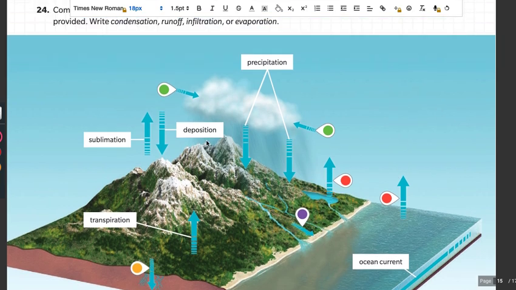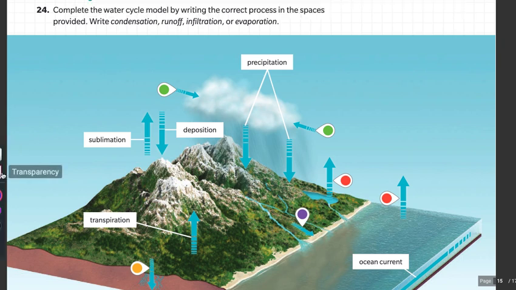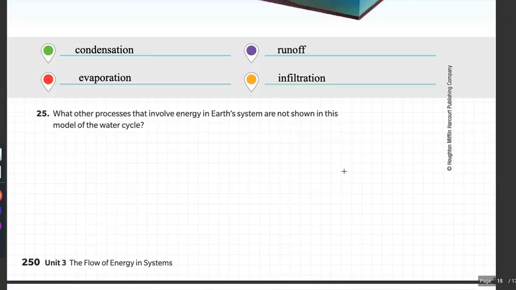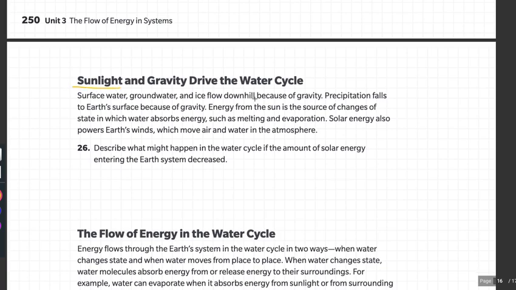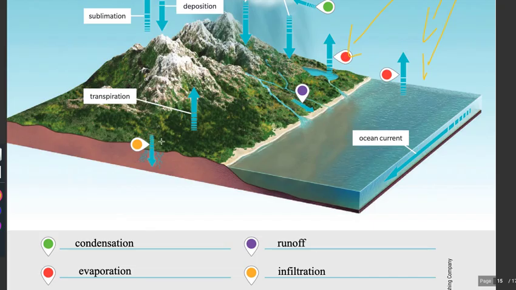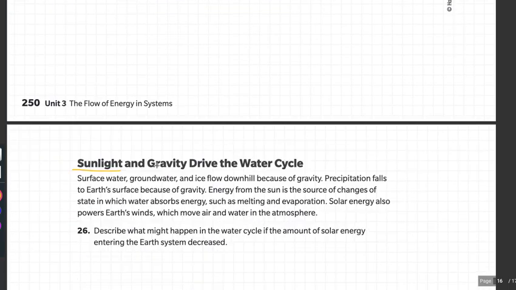Well, it's not pictured here, but Mr. Golden Sun is up here, blazing down its radiation onto the water and heating up the water molecules and making it evaporate. So that's an example. Lo and behold, sunlight and gravity, also gravity, right? That's what's pulling it down.